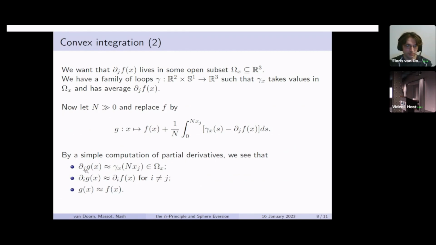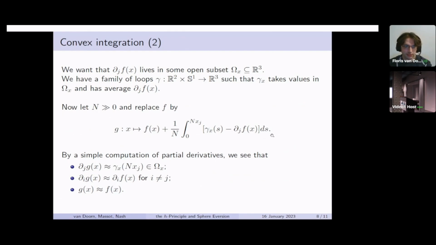So we have this fact that the jth partial derivative of the new function lies in omega of x. For all other partial derivatives, we really don't change the partial derivative very much. And g is also close to f. So that follows from this formula.